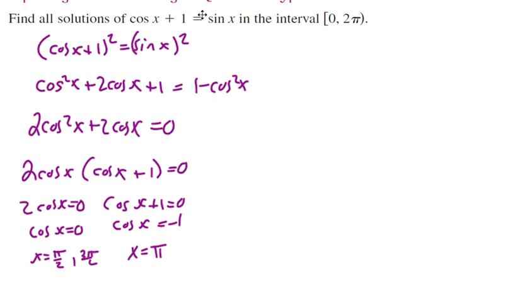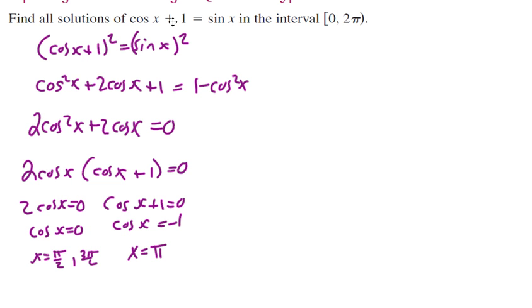You say, what's so special about this problem? Well, we introduced a new mathematical operation. There was no square root here, meaning we didn't undo a square root, we just said, let's square both sides. It's mathematically sound to do that.